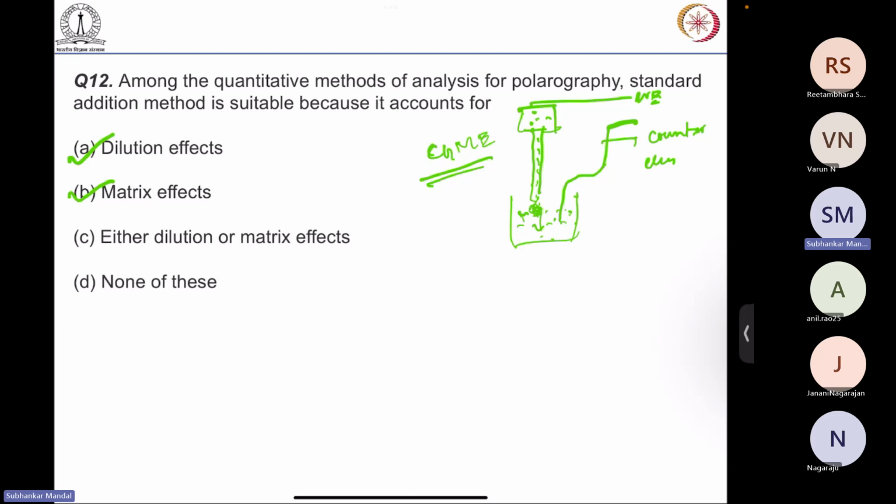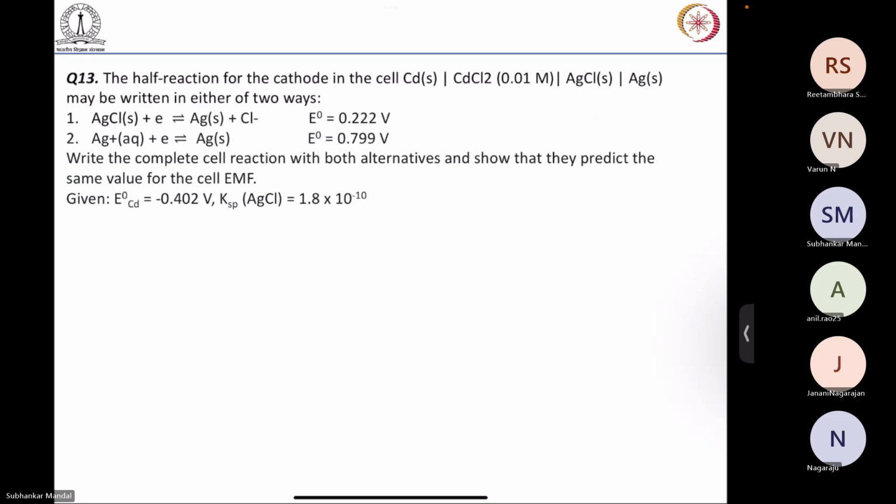Okay, so we can go to the next problem. Question 13: the half cell reaction of the cathode in the cell, cadmium, cadmium chloride and silver. This is the cell representation, which may be written in either of two ways.